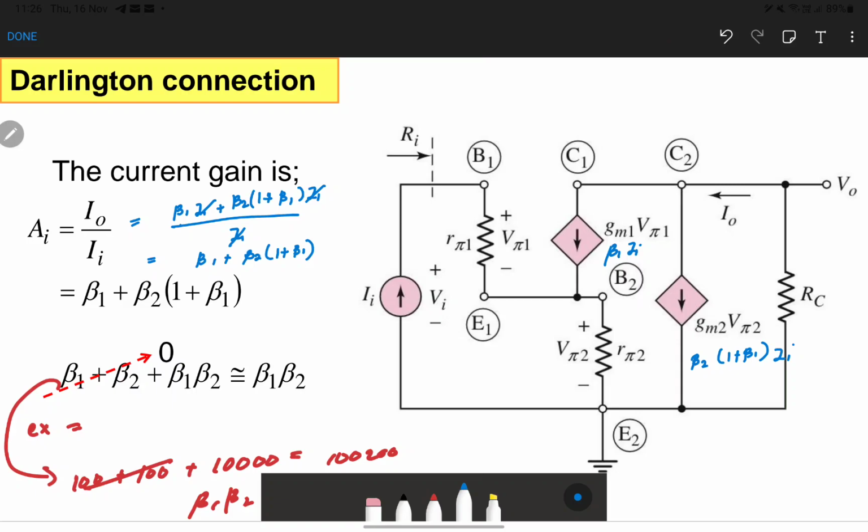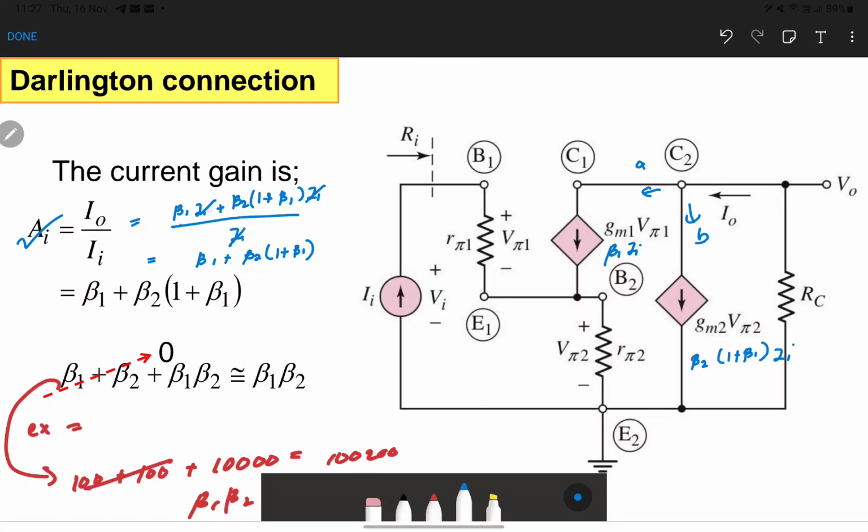Let me stress on this configuration, suitable to gain the output current. So we just focus on the current gain. The current gain is equal to I out over I in. From the previous slide, we can conclude that our I out is equal to the current at point A plus the current at point B. So I out equals beta 1 I plus beta 2 times 1 plus beta 1 I, over I in.